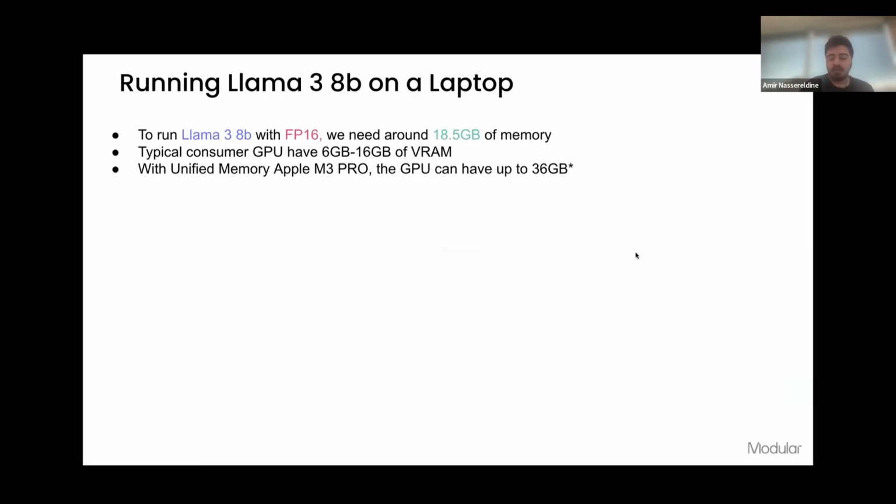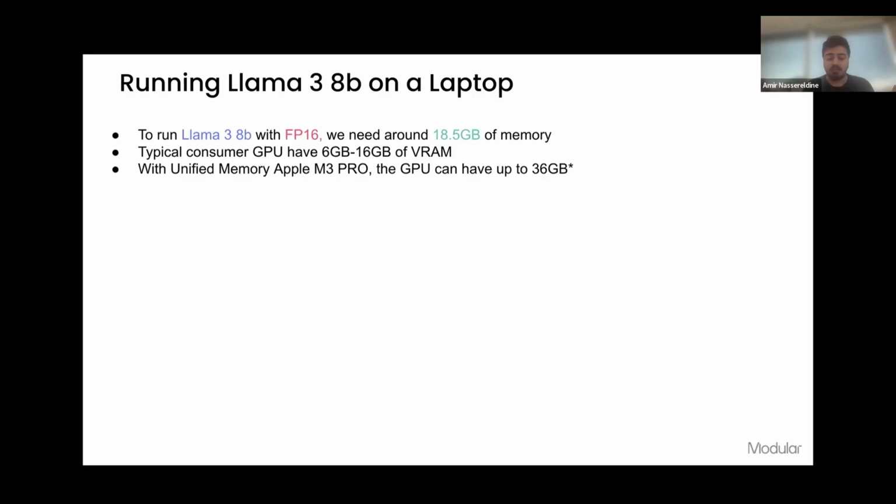Usually a Llama 3B model in FP16 takes around 18.5 gigabytes of memory. Typical non-Apple GPUs have between 6 and 16 gigabytes of VRAM. There are some very expensive ones, but the typical ones are between 6 and 16 gigabytes.